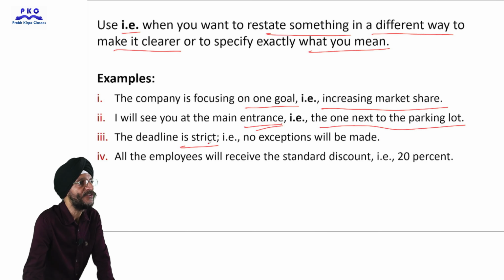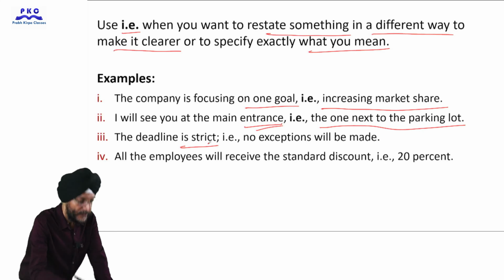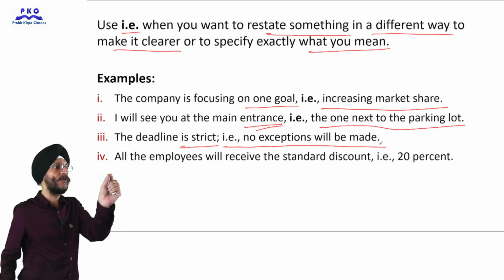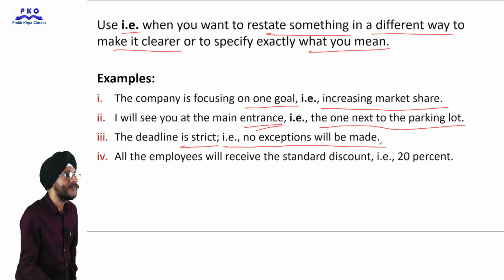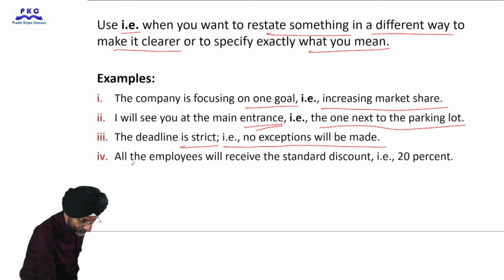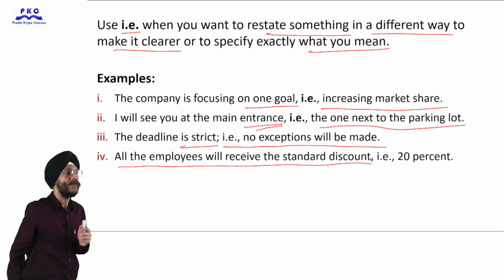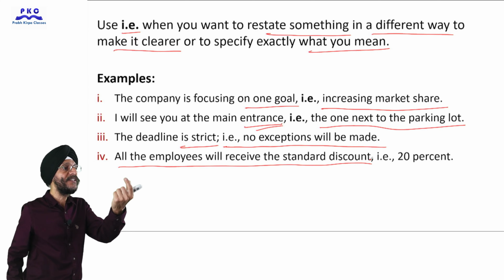The deadline is strict. We are here clarifying that no exception will be made. So we are making use of IE, that is, or in other words, all the employees will receive the standard discount. Here we will clarify how much discount is standard.